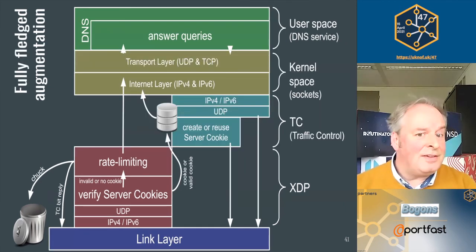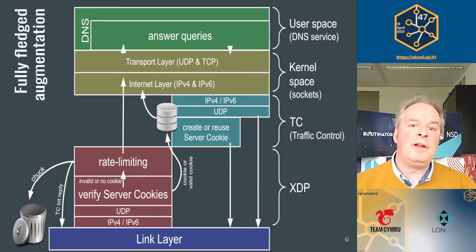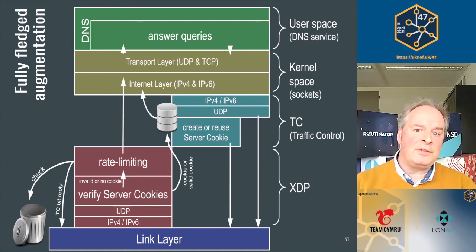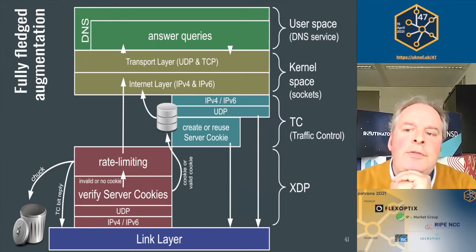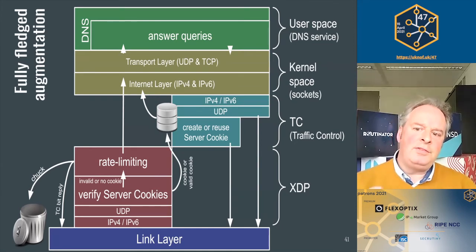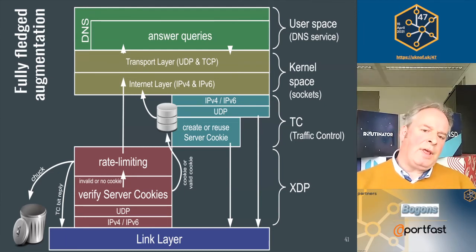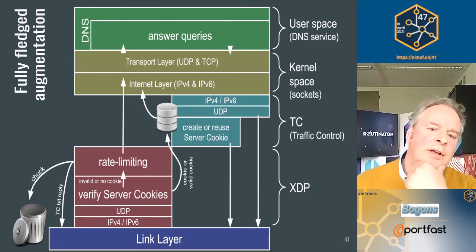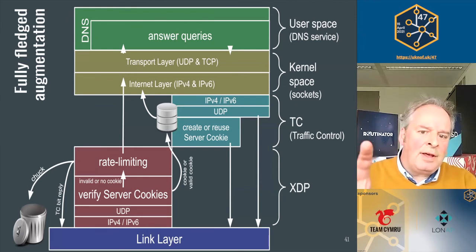But could we have made a fully fledged DNS cookie implementation? Yes. So this is what a fully fledged implementation would have looked like. There's no outgoing XDP layer, but there's an outgoing TC layer. And TC stands for traffic control, stuff like traffic shaping, quality of service. At the TC layer, the network packet is in a socket buffer, which is way more flexible to work with. But you have to associate those BPF programs at the XDP and TC layer.